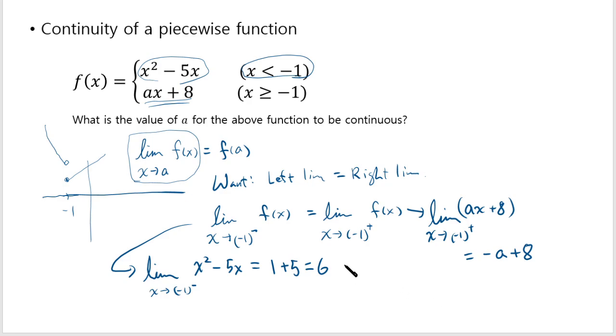Okay, so now that we want these two to be equal, we bring those two together and say 6 should equal -a plus 8, and guess what? I think 2 satisfies this, right? -2 plus 8 is 6, so a is equal to 2, so that's the answer. So that was pretty quick, right?